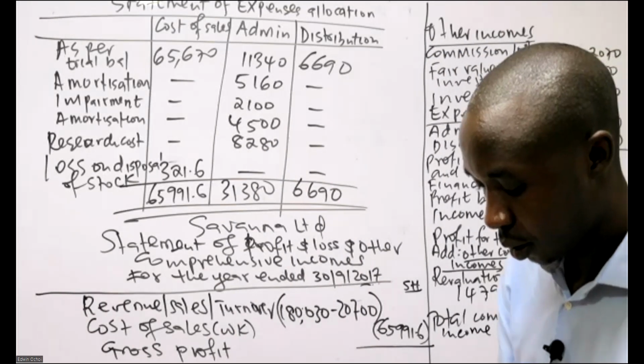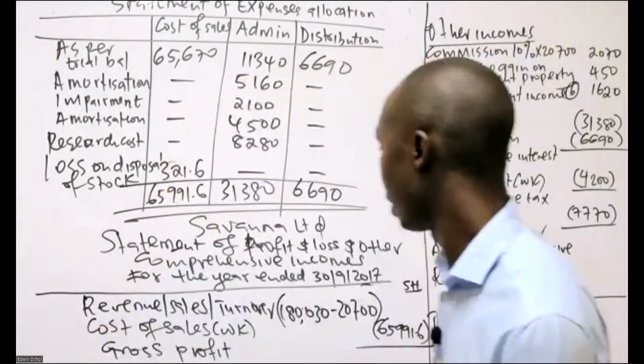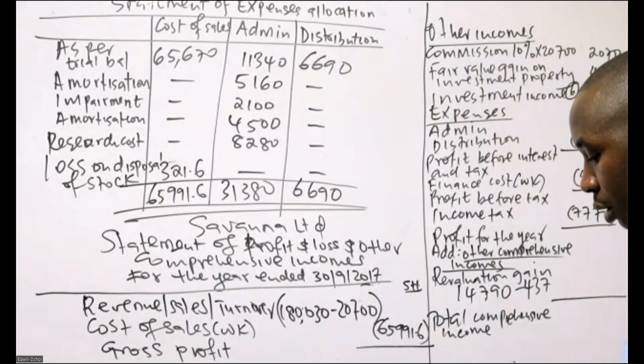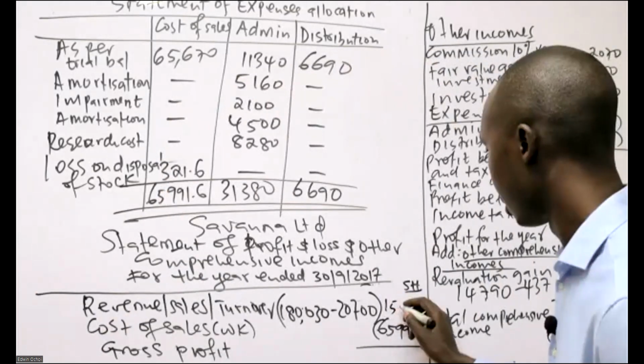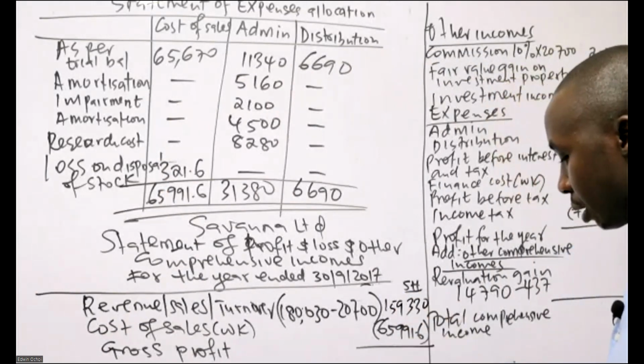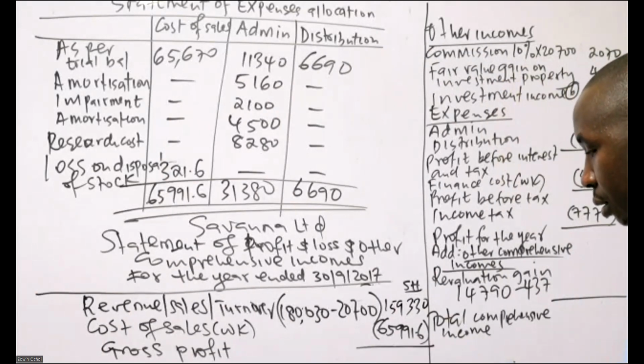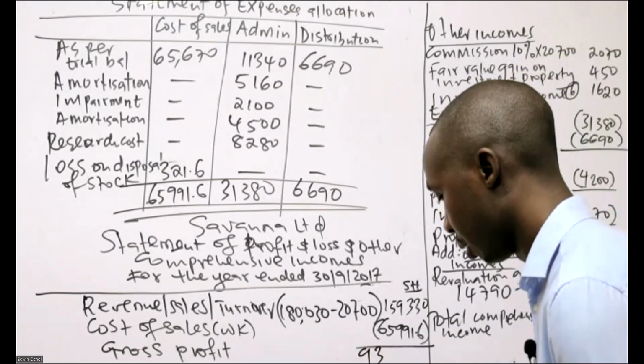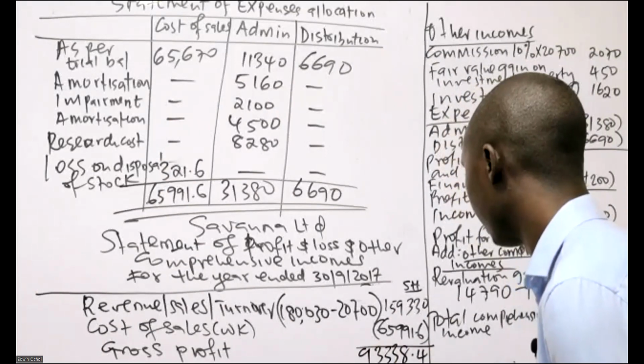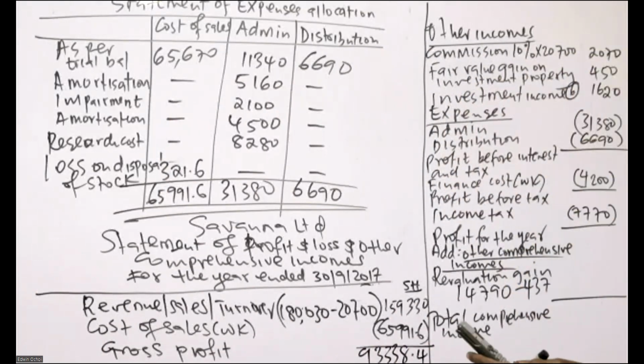Total comprehensive income. So you have the values for revenue, 180,030 minus 2,700, is 159,330. 159,330 minus 65,991.6 is 93,338.4. So plus 2070 plus 450 plus 1620 minus 31,380 minus 6690.